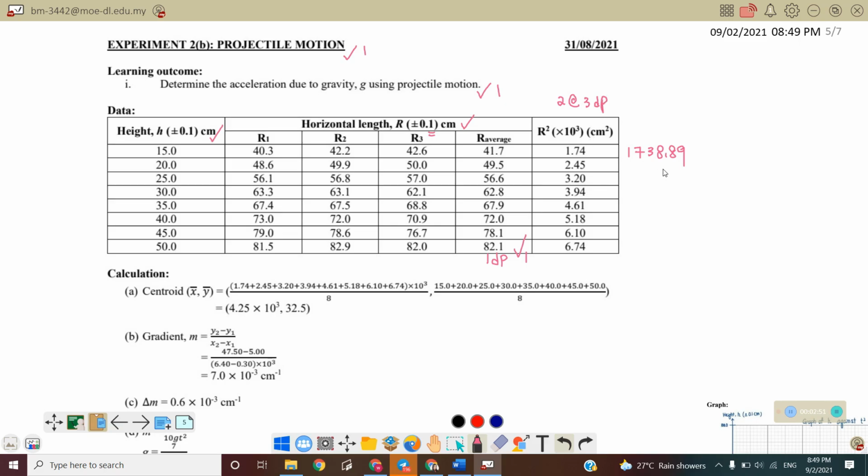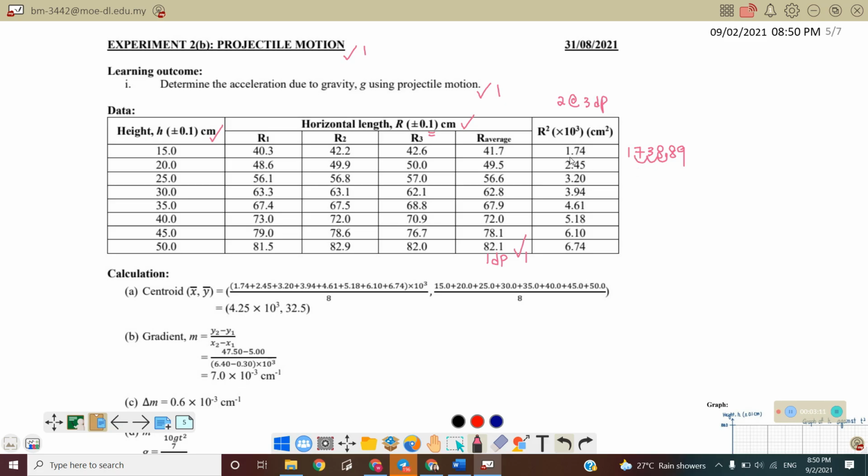Because 1738.89 is quite long, we can write it in prefix form, where we can times 10 to the power of 3. So 1, 2, 3, it's much easier.